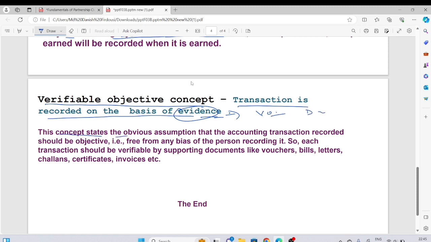This concept states the obvious assumption that the accounting transaction recorded should be objective, free from any bias. At the time of recording any transaction, you must have a few vouchers, bills, letters, challans, certificates, invoices, etc. So the verifiable objective concept says that without evidence we cannot record any transaction. So these were the principles of accounting.